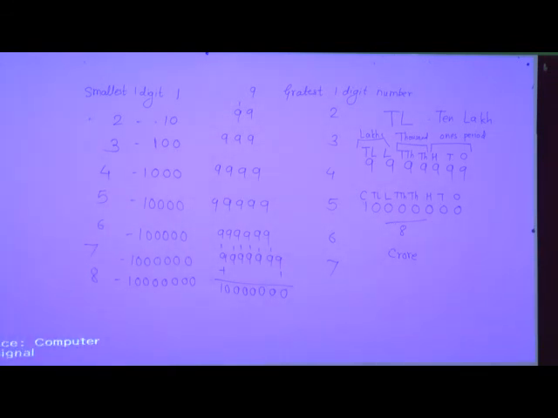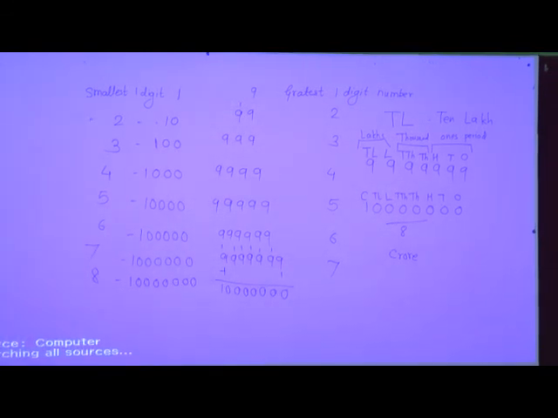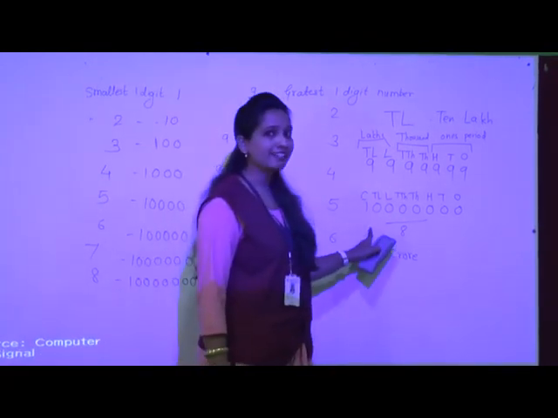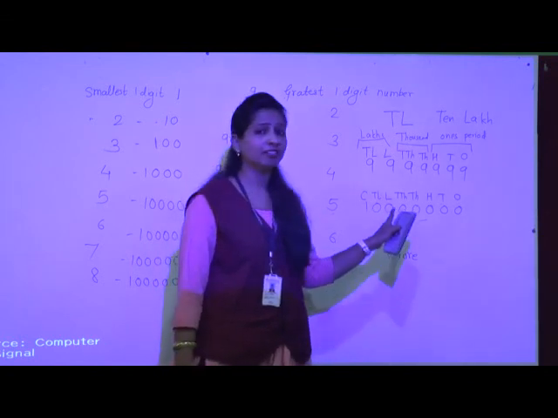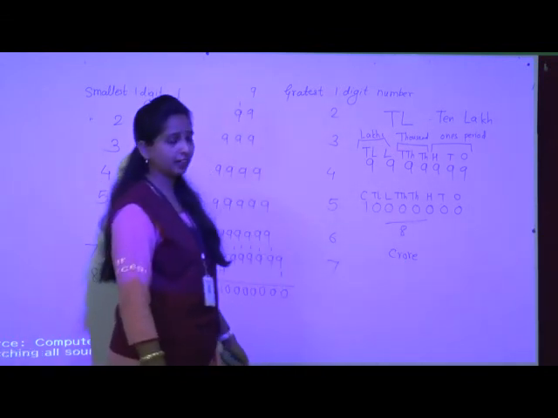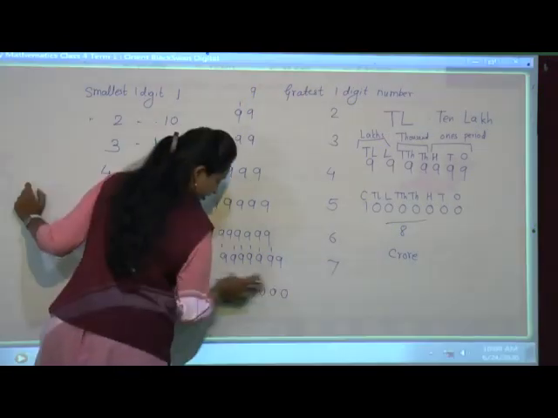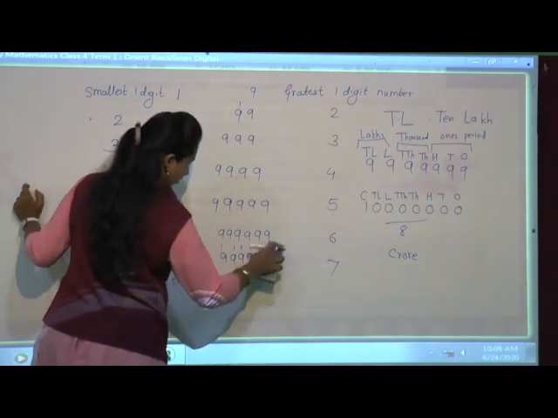Yes, we have to represent it as a crore. So this is the smallest 8 digit number, 1 crore.